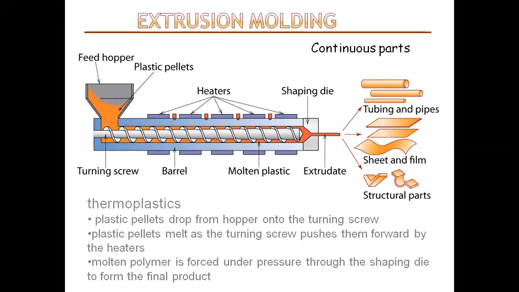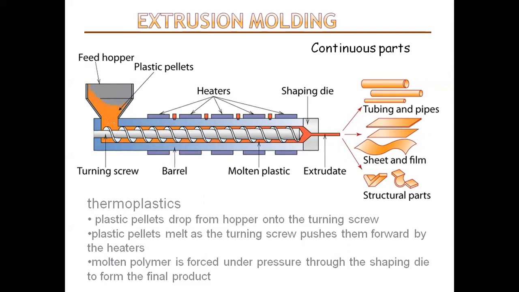Due to gravity, these plastic pellets enter into the barrel. Apart from these, additives such as colorants and UV inhibitors can be mixed into the plastic pellets prior to arriving at the hopper.